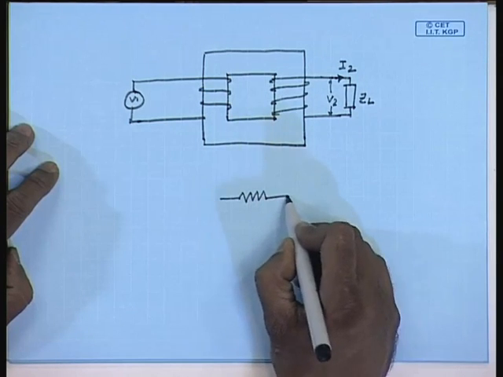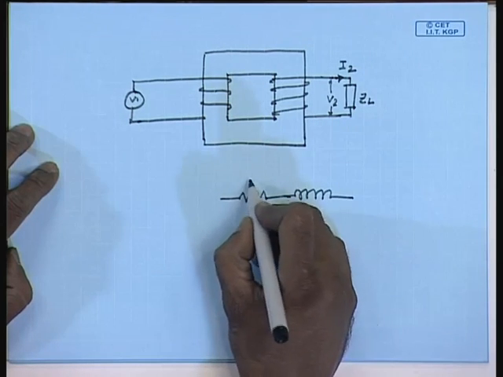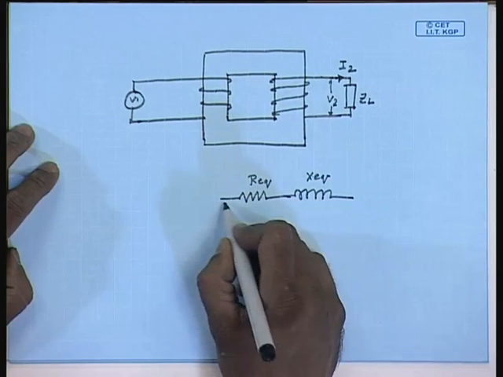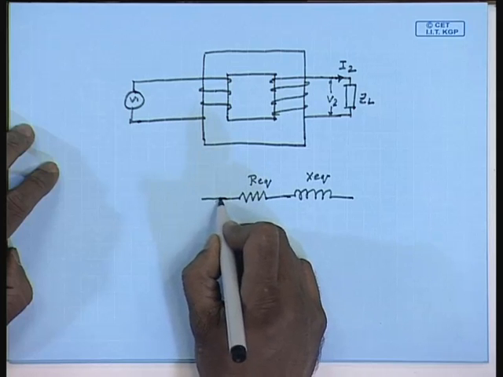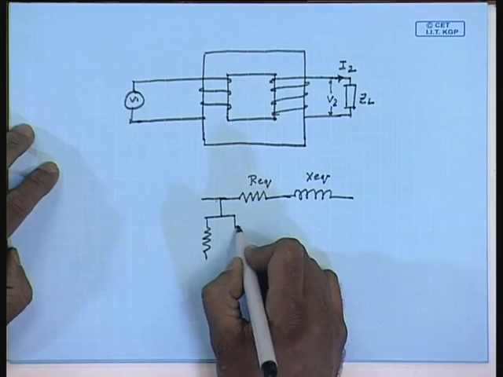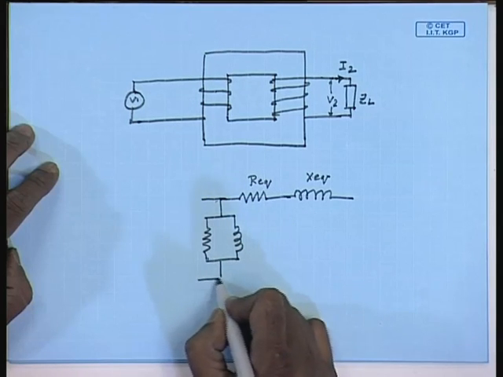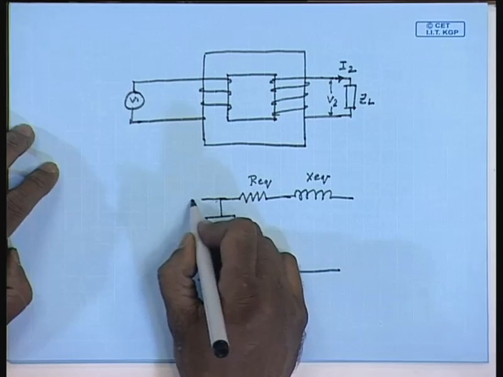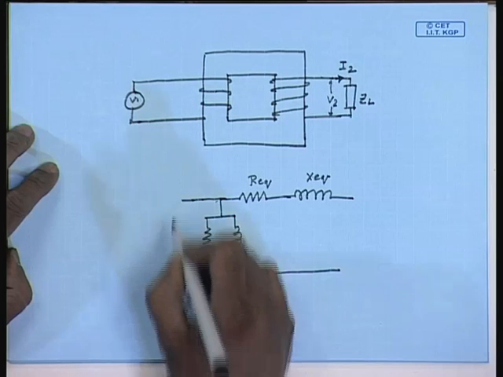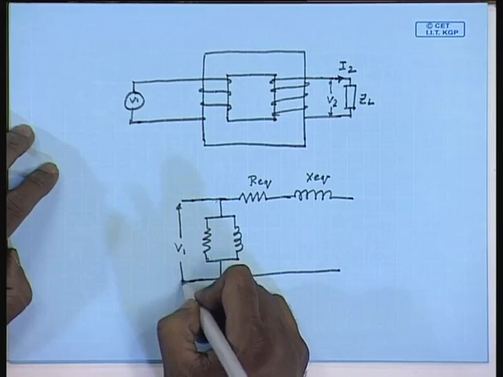Say these are Req, Xeq, the magnetizing branch, the applied voltage referred to the load side is V1 dash.